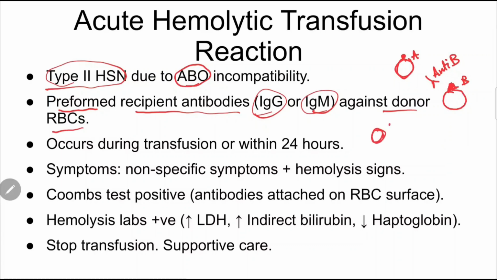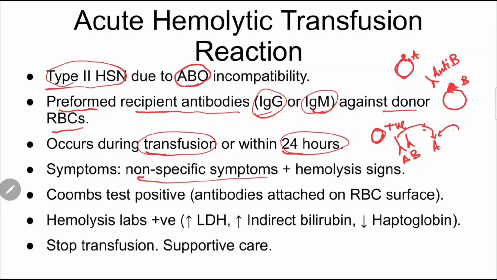Obviously they will have antibodies against both A and B. So when they get transfused with, let's say, A blood group, this antibody will attack these red blood cells. That's what we don't want. This occurs during transfusion or within 24 hours, and the symptoms are very non-specific, such as fever and chills, and there are also going to be hemolysis signs.